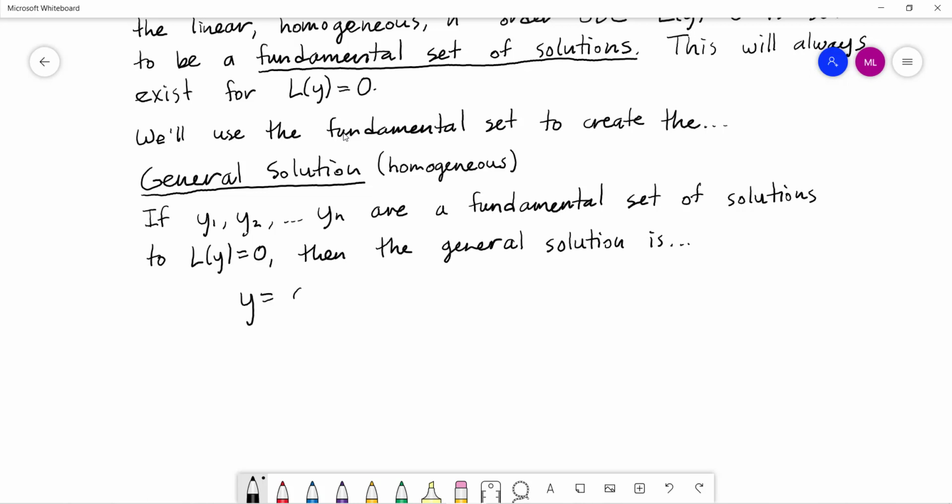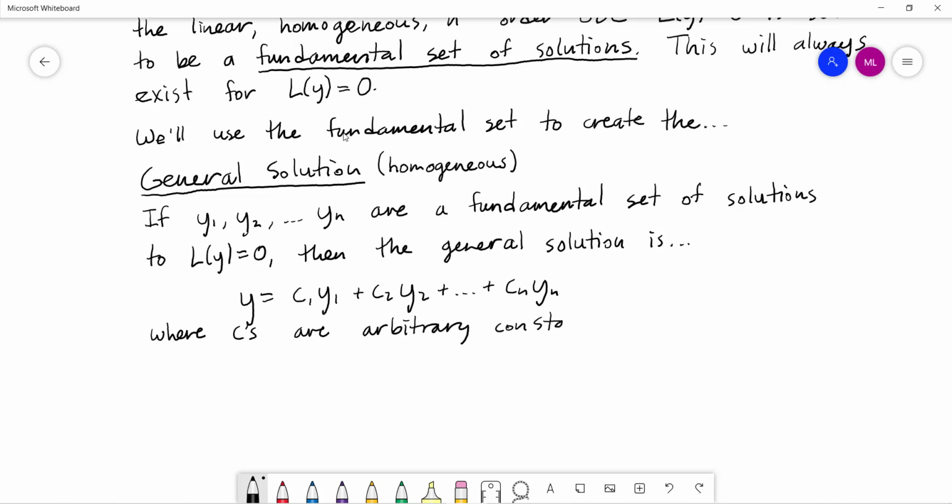So the most general solution will be C1y1 plus C2y2 plus ... plus Cn yn, a linear combination of all of those solutions, where the C's are arbitrary constants.